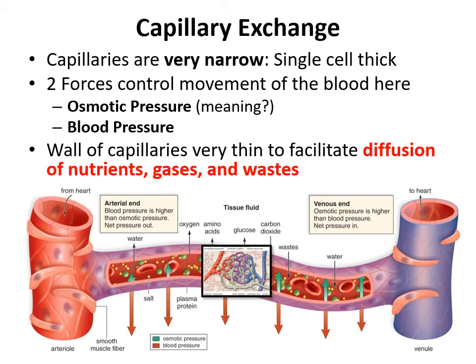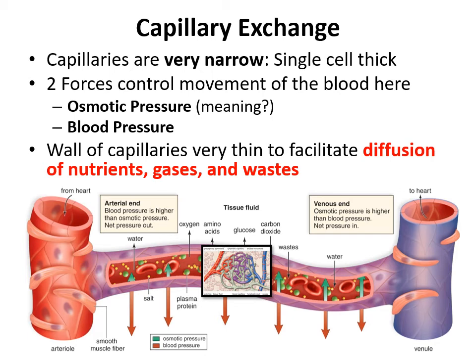And there's basically two forces controlling this movement with capillaries. The first one is osmotic pressure, which you already know. Osmosis means the movement of water from the tissue fluid to the blood, in this case. And then your blood pressure, which is the opposite movement of that water.